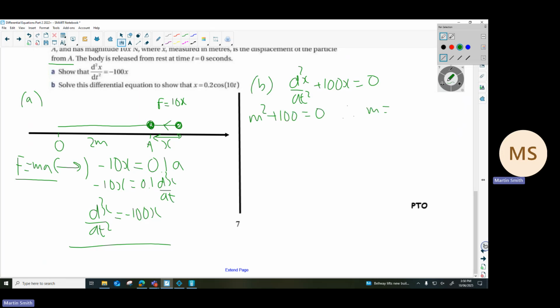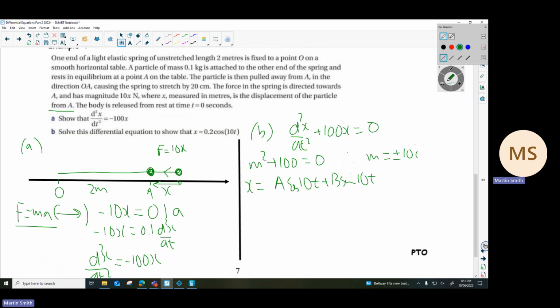If you solve that, you get m is plus or minus 10i. The general solution is that x is equal to e to the 0t, which is just 1, a cos 10t plus b sine 10t.